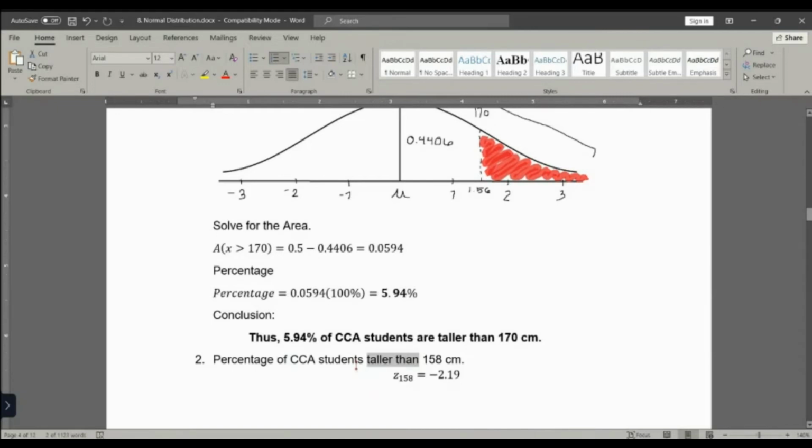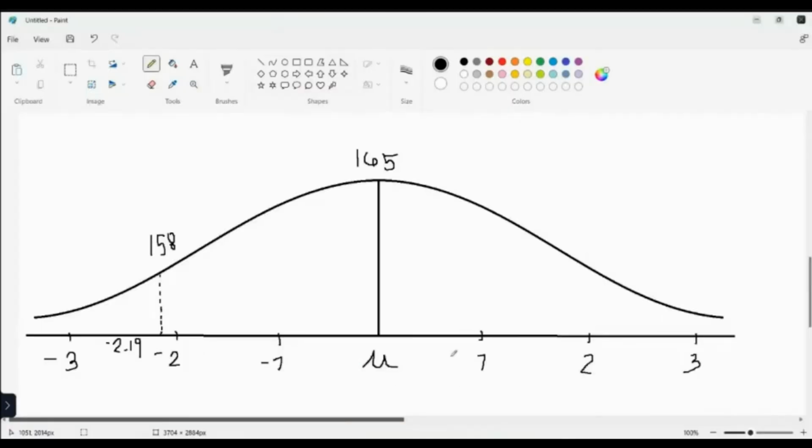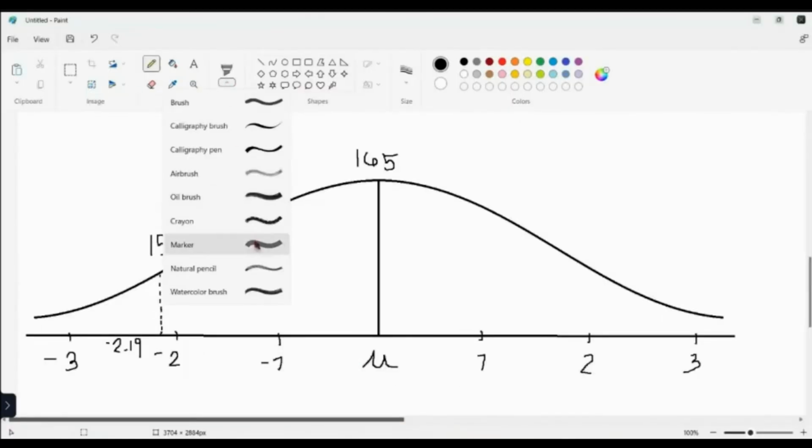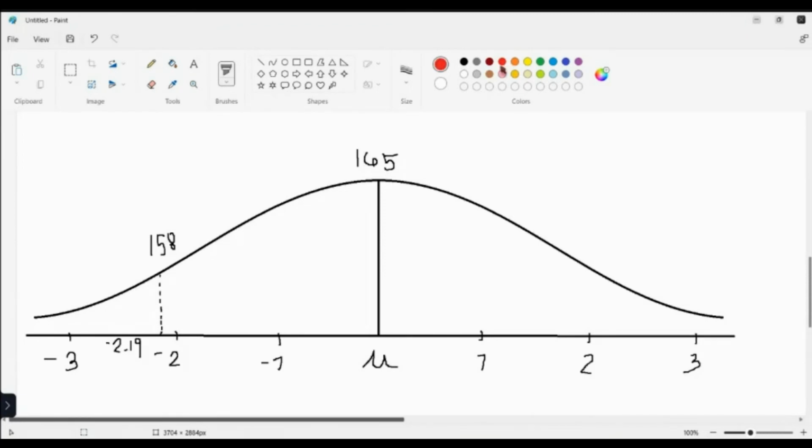In this case, we are describing the height of CCA students. So either taller or shorter lang yan. So we'll be shading the right side. And if you have your areas under the normal curve, pakitignan na din yung area from 158 to 165 using the z-score 2.19.